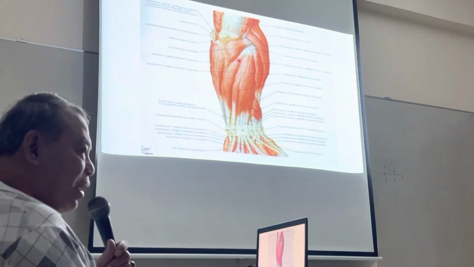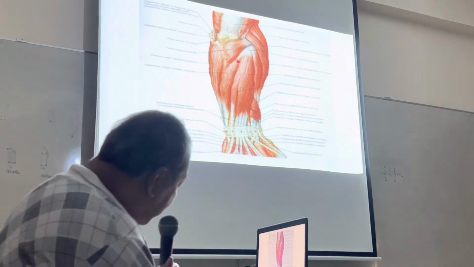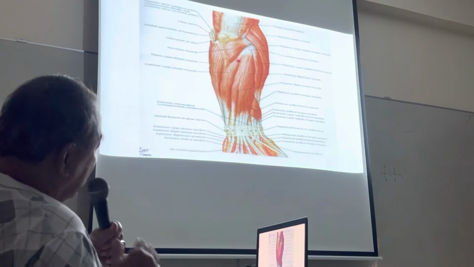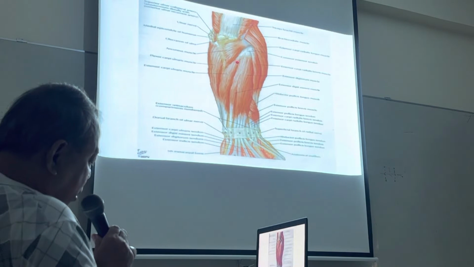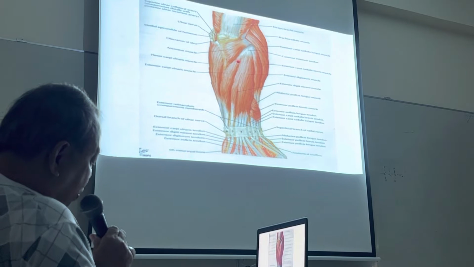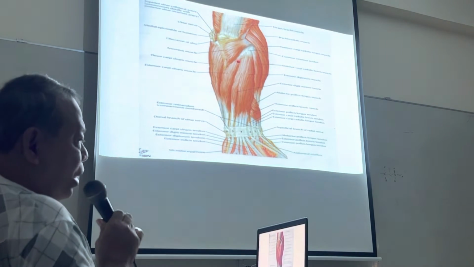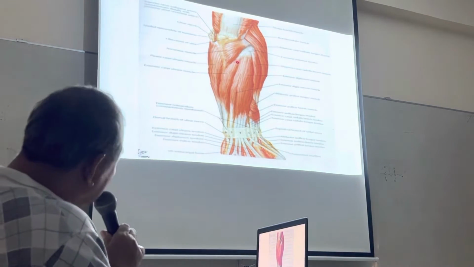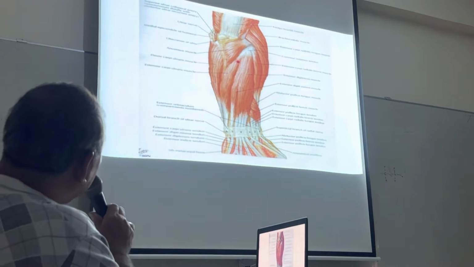So it will extend, and also abduct. Take note with regards to the nerve supply. All the muscles in the posterior compartment are supplied by the radial nerve. So these are the two muscles which belong to the lateral compartment.